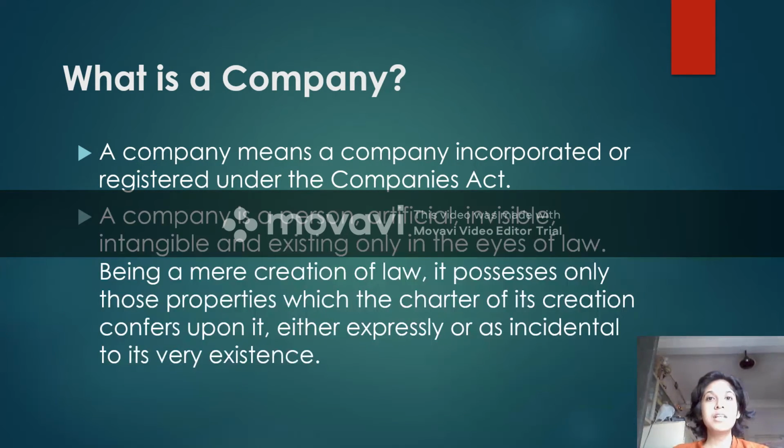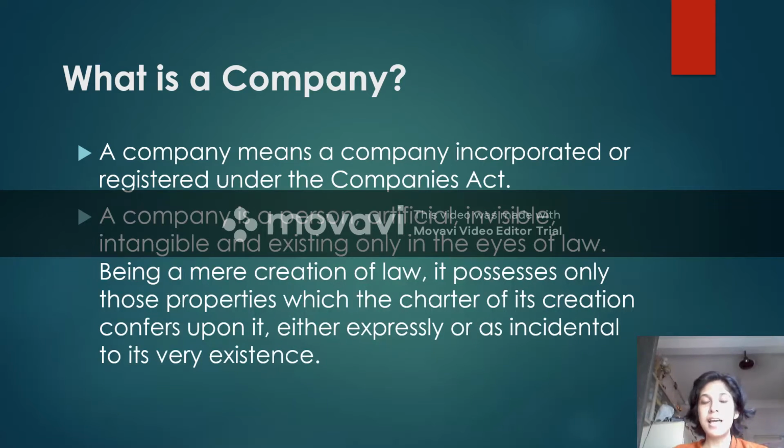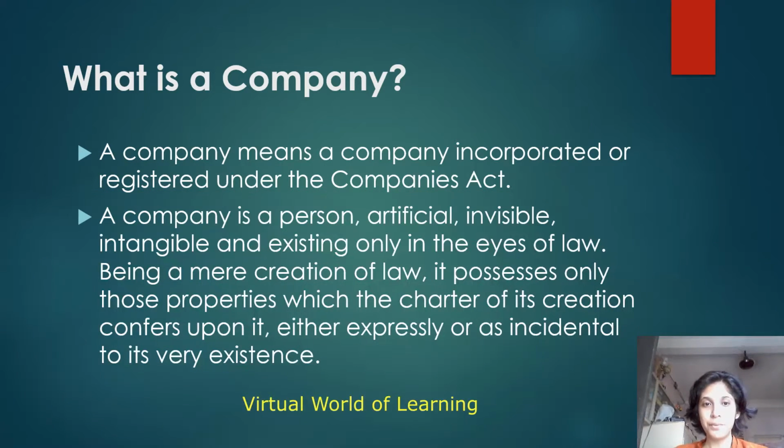This definition is given by Chief Justice Marshall, and it clears all kinds of doubt regarding the meaning of a company. A company is a person, artificial, invisible, intangible, and existing only in the eyes of law. It means that a company cannot be touched or seen, but its existence is already there in the eyes of law, right?